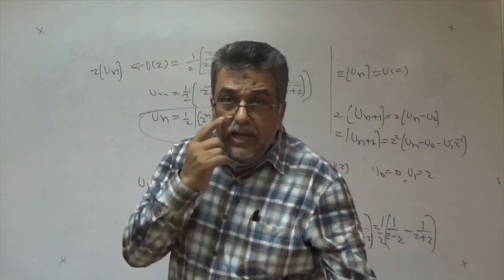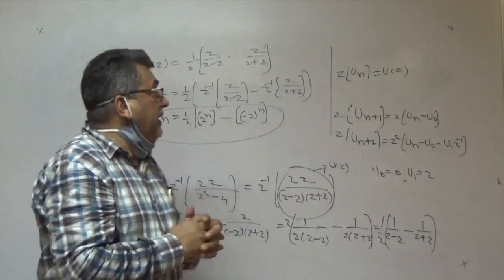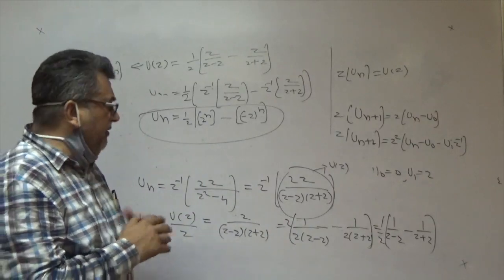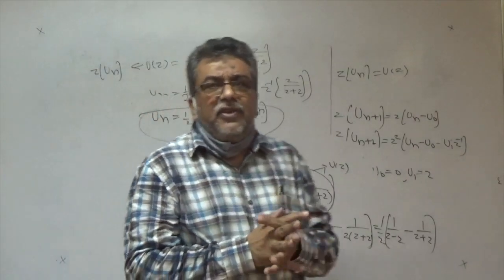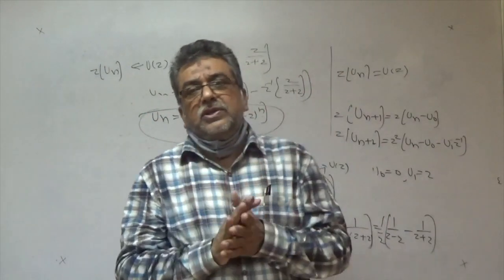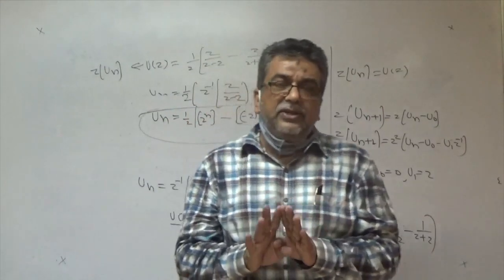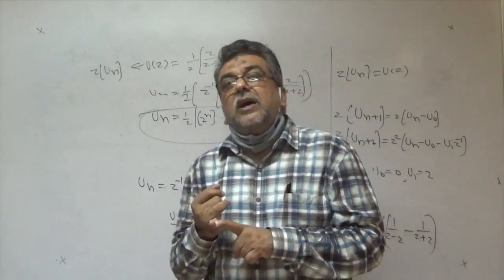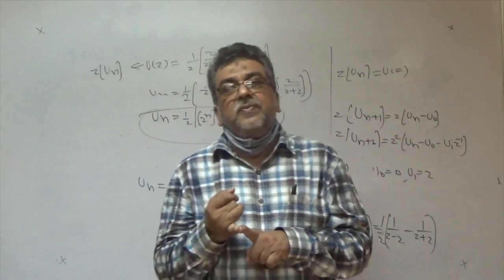Right? This is the application of the Z transform, and there are a number of sums in every book of difference equations. You can solve these. Basically there are 3 steps. First, you take the Z transform of the given difference equation.